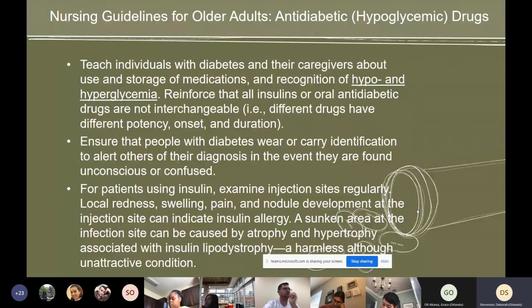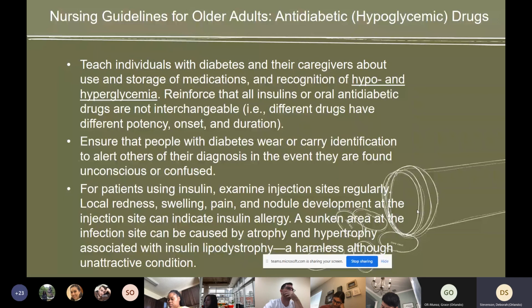Patients with diabetes should be wearing some type of medical alert bracelet. And the other thing with medications, if your patient is taking an anticoagulant, it would be a good idea for them to have it somewhere in their wallet or their purse or in their cell phone where the emergency people can get to it. Because if somebody is injured in a horrendous car wreck and they don't realize that this patient is on an anticoagulant, this patient could bleed out really rapidly.